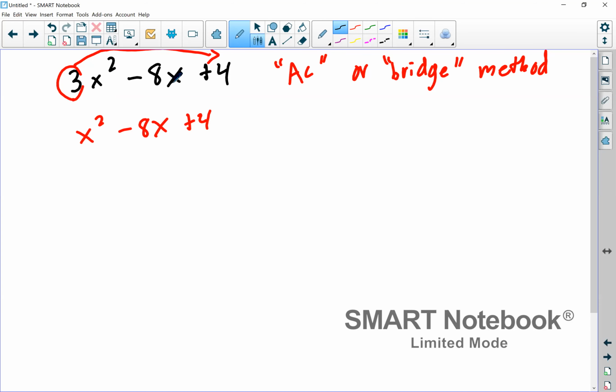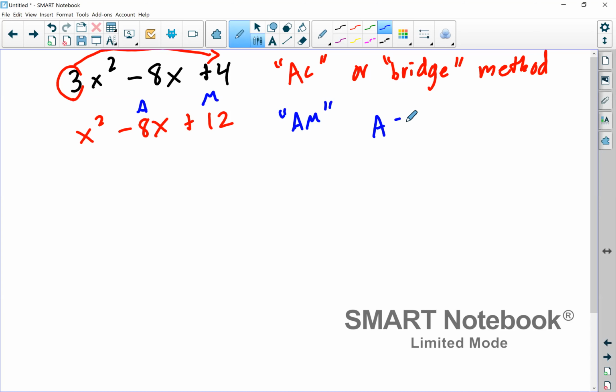Now, 3 times 4 gives us a 12. And now we have to do our AM method, where our A is a negative 8 and our M is a positive 12.